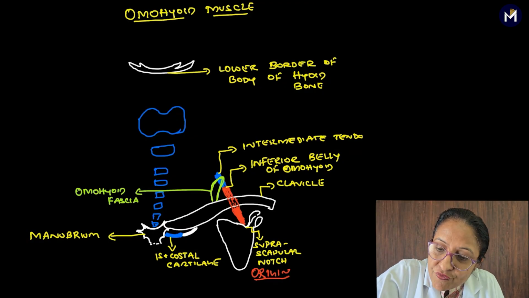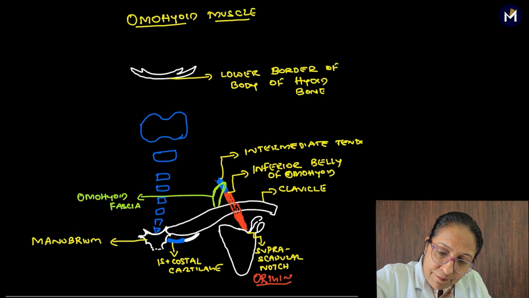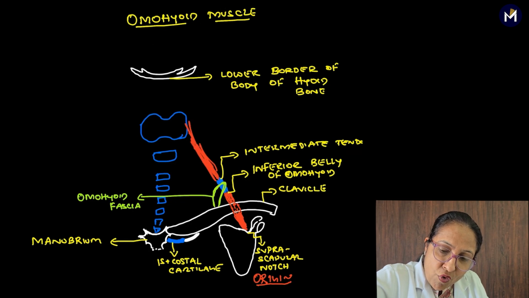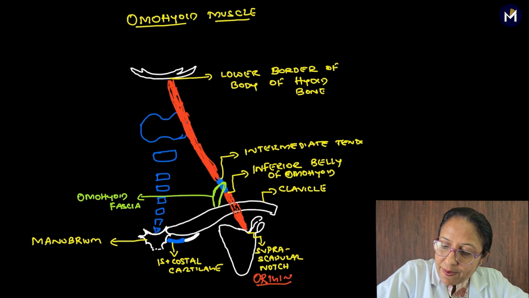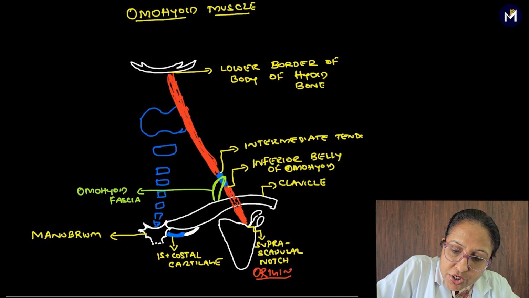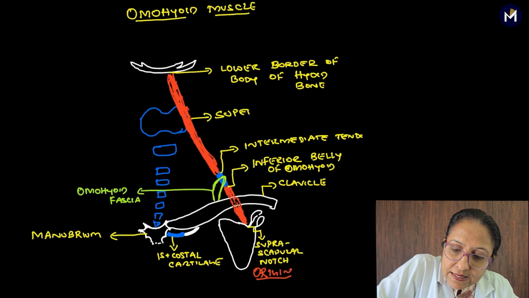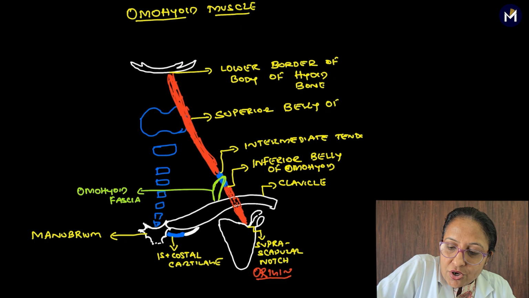Now, continue from the intermediate tendon. This is superior belly of omohyoid, which is attached to lower border of body of the hyoid bone. So label this as superior belly of omohyoid.